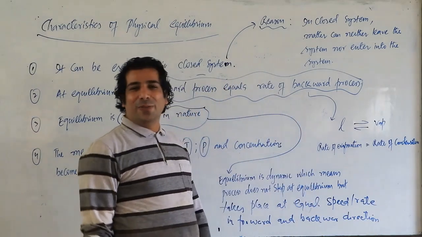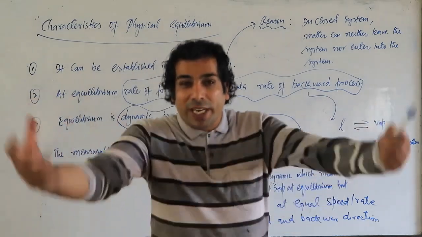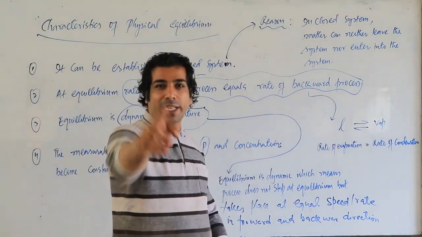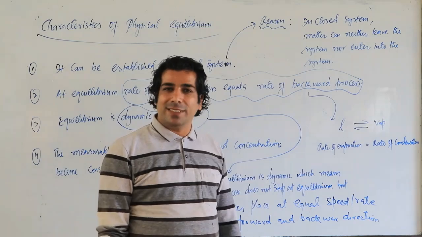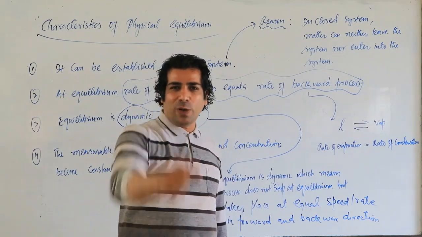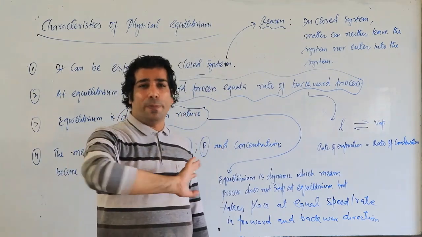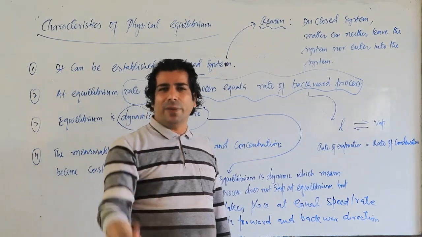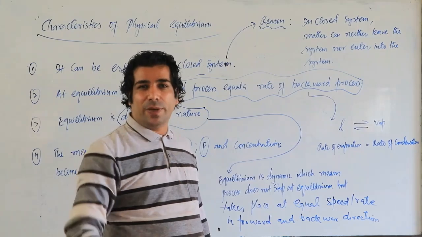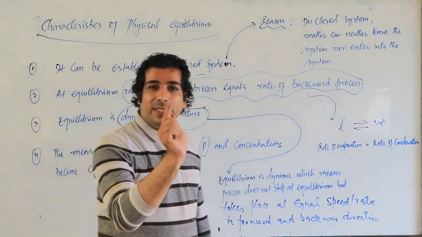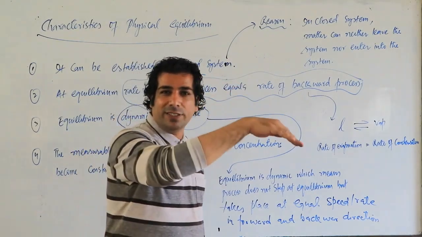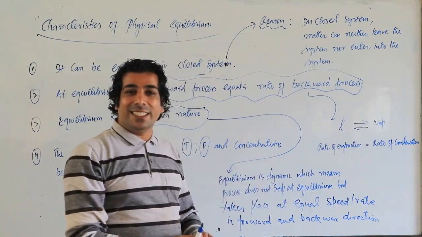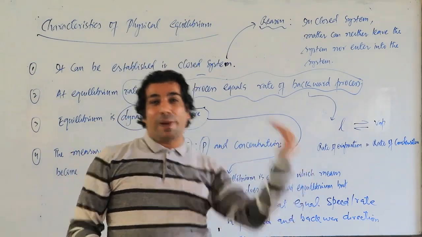We are telling equilibrium is dynamic, that it's always moving, it's in motion. How can you tell that equilibrium is in motion? Very simple. At equilibrium, what is happening? Any physical process or any chemical reaction does not stop at equilibrium. It is moving in the forward direction and simultaneously with the same speed it's moving in the backward direction.